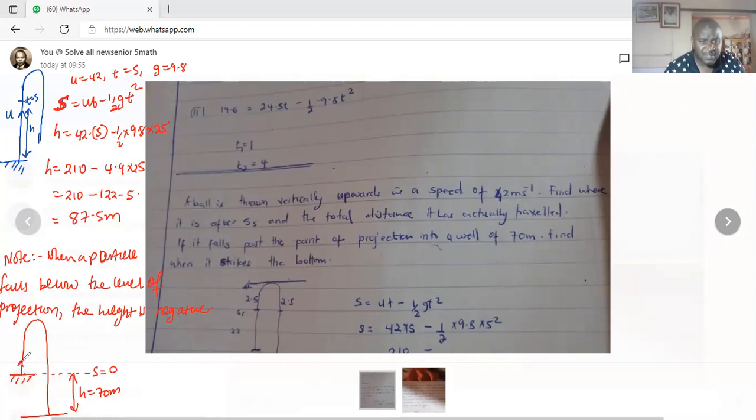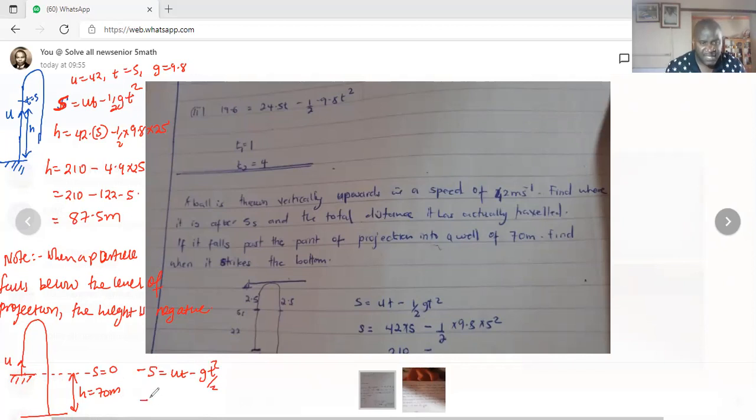So you will say from S is equal to UT minus half GT squared, the displacement is going to be negative. Why? Because the particle has gone below the level of projection.